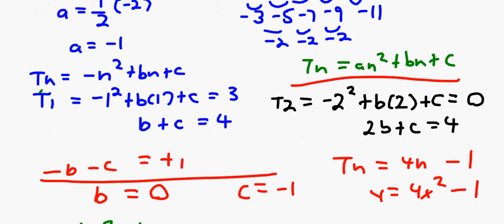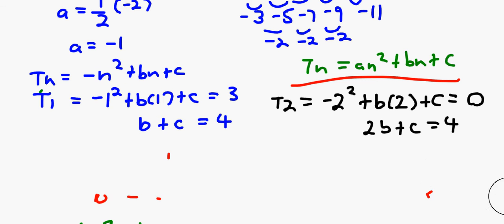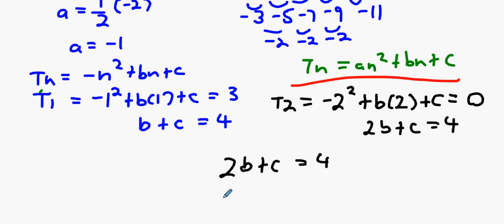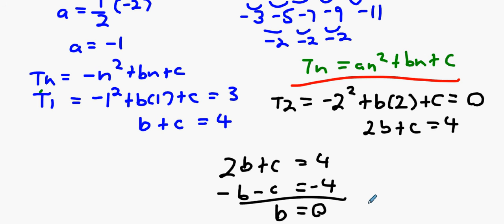Okay. Then we're going to take the two of them away from each other. We're going to get 2b plus c equals 4 minus b minus c equals minus 4. I believe I'm about to get b equals 0 and c equals 4.